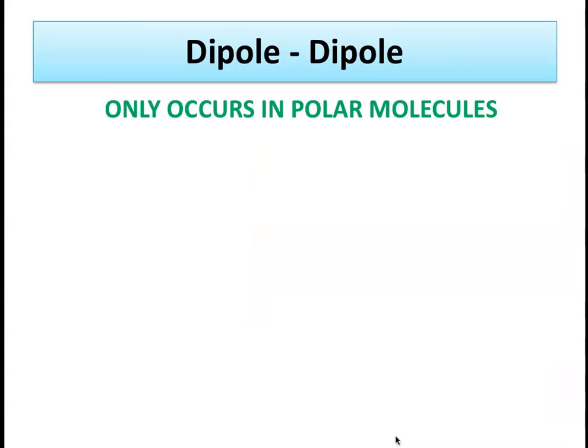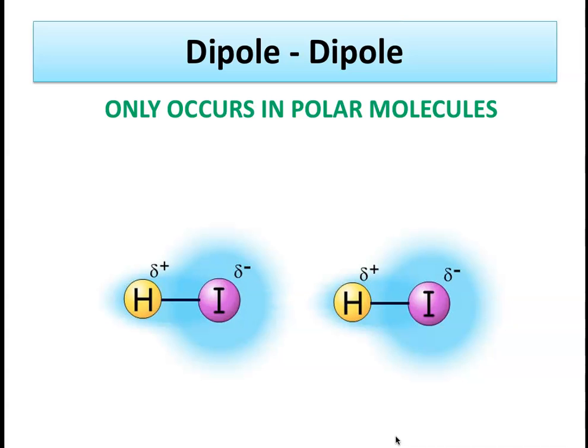Okay. Next strongest one, dipole-dipole. Only occurs when you deal with polar molecules. So we take hydrogen iodide. Iodine, way more electronegative than hydrogen, gives us our dipole towards iodine.